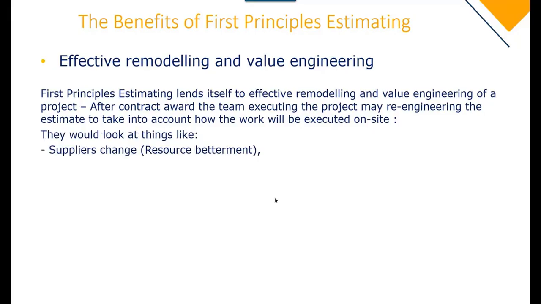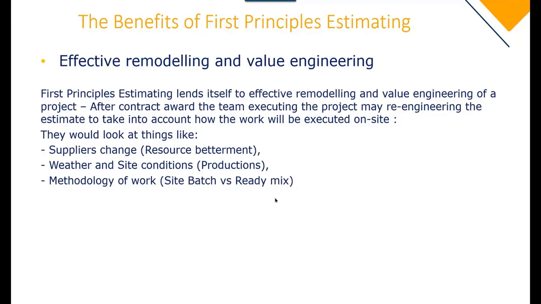So they look at things like suppliers to help with resource betterments. They re-look at your productions, so they take into account weather conditions and site conditions, because that will affect your productions. They also look at the methodology of work, how was the estimate priced, and they re-look at that and see, is it relevant for this particular project?